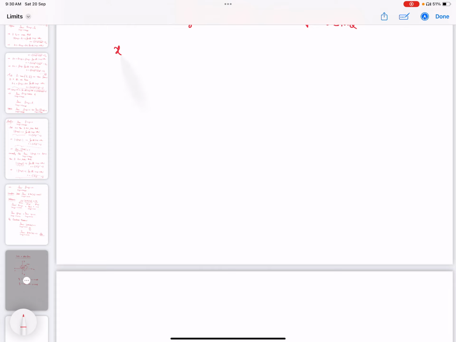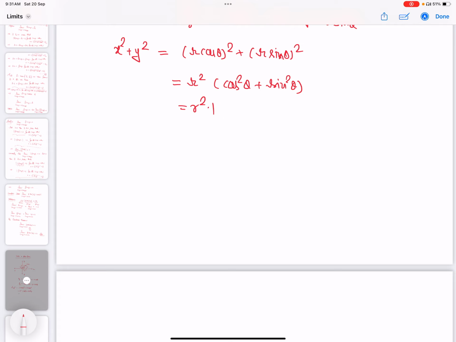So x square plus y square is equal to r cos theta whole square plus r sin theta whole square, that is r square times cos square theta plus sin square theta. This is 1, so x square plus y square is equal to r square.